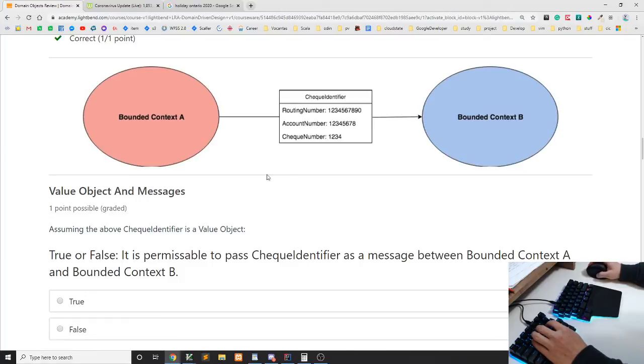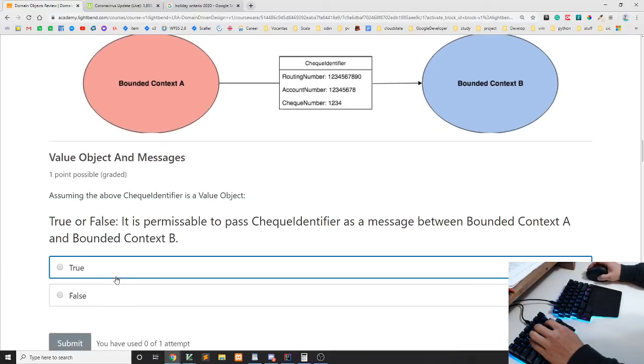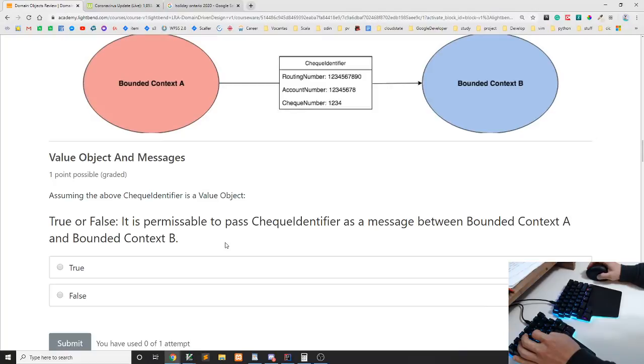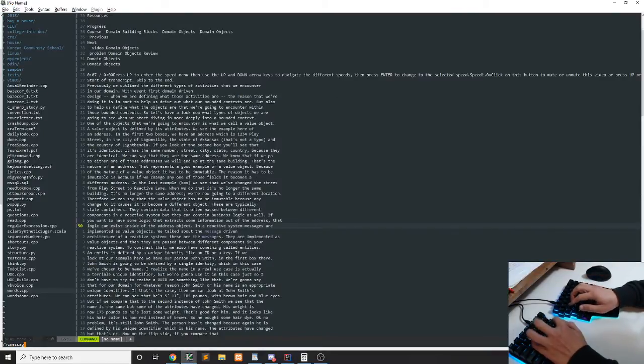Bounded context A, check identifier, bounded context B, value object and messages. True or false? It is possible to pass check identifier as a message between bounded context A and bounded context B. In a reactive system, messages are implemented as value objects.